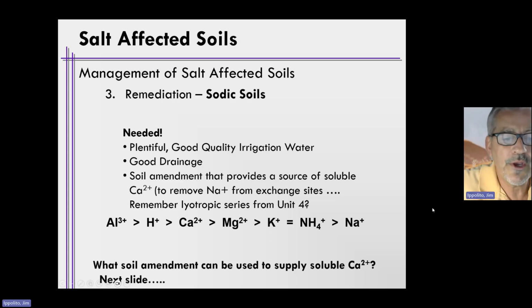So the question is, what soil amendment can be used to supply soluble calcium? And I can tell you that it's likely not lime, right? So lime is a great source if you want to increase soil pH. But in this case, lime really doesn't work because these soils, especially sodic soils, have a high pH.